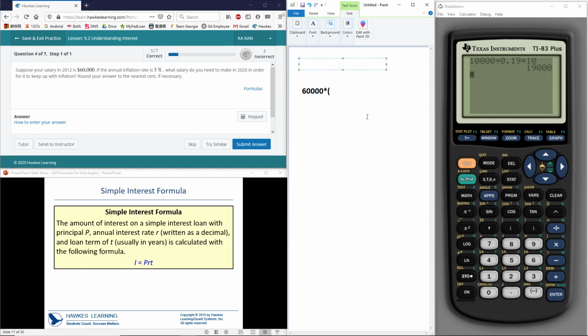The inflated amount equals the principal, how much you start out with, times 1 plus the inflation percent.